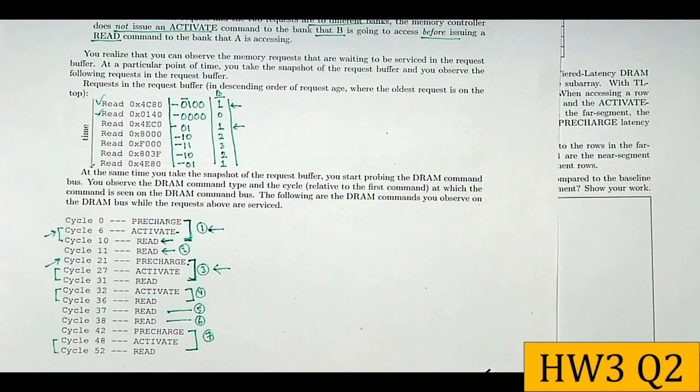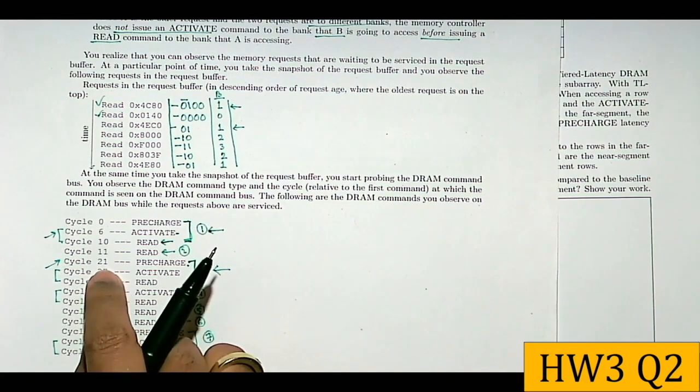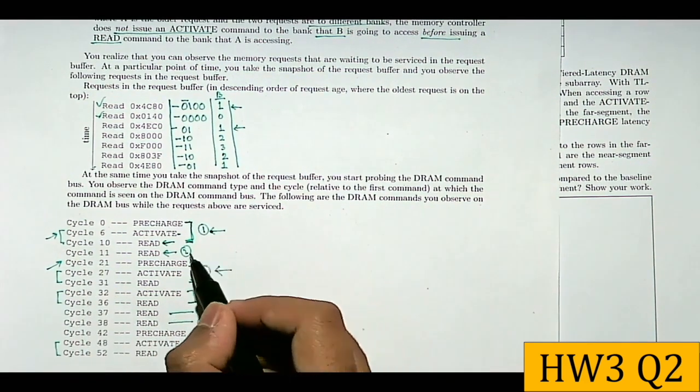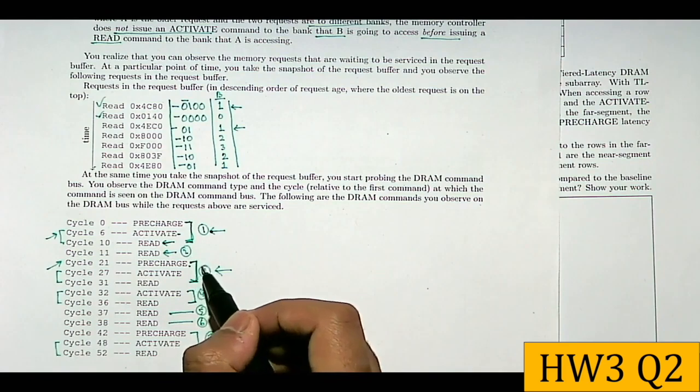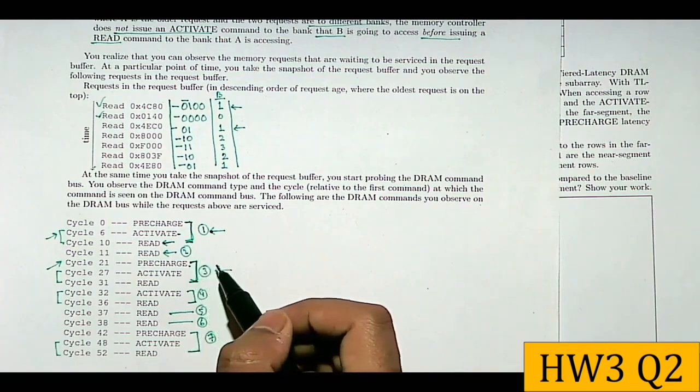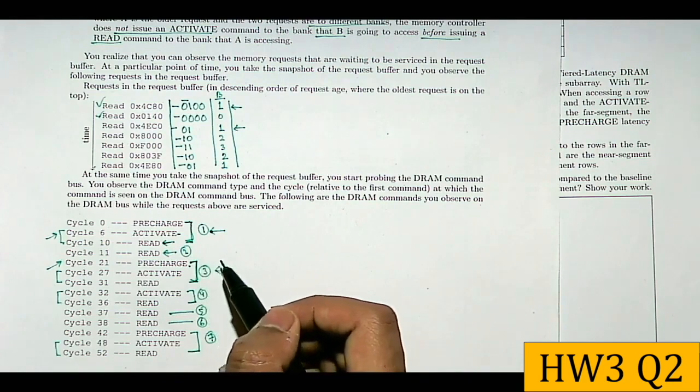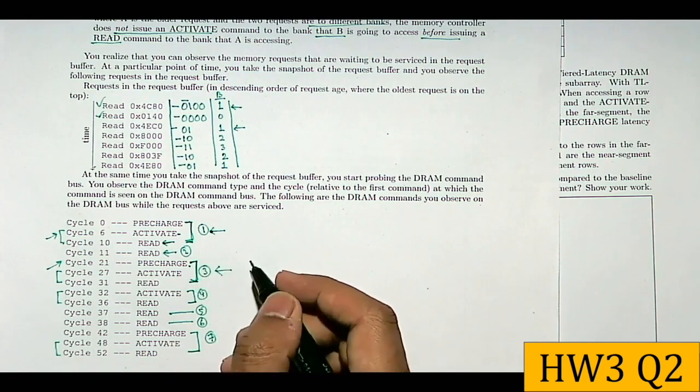So if I had 2 more reads in between, request 1, then a read command for request 2, and 2 more reads to some different bank, this latency would automatically change. Okay, that's true. Yes, that's true.